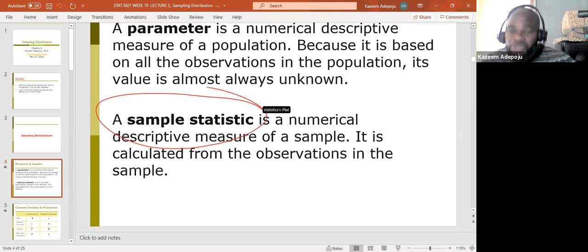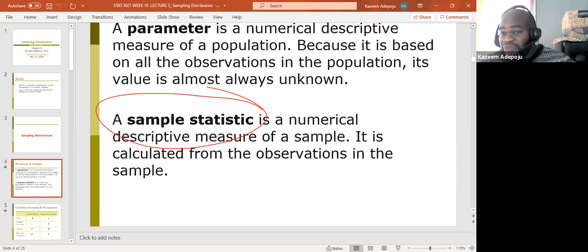Okay, so just like before this election, there have been opinion polls about the likely winner. In the opinion poll before the election was decided, of course, they did not interview all the eligible voters in the country.